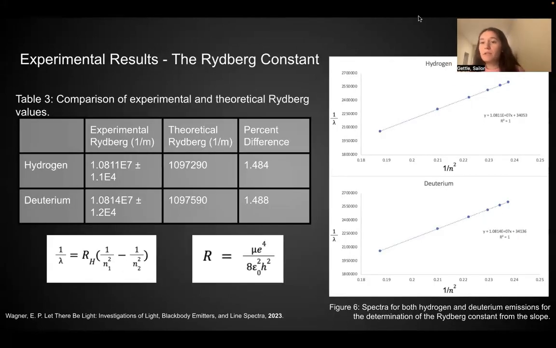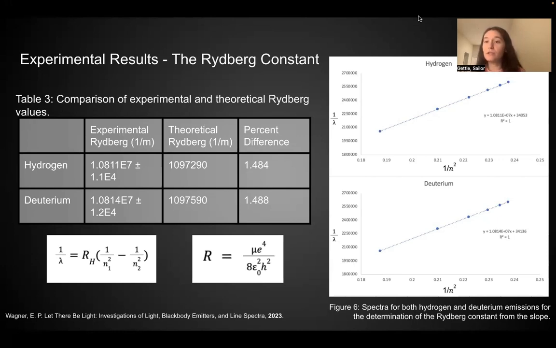The maximum experimental wavelengths were extracted from the raw spectra and plotted against the inverse energy level transitions in order to determine the Rydberg constant, which is the slope of the corresponding graphs as shown.